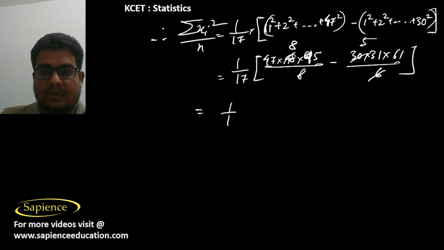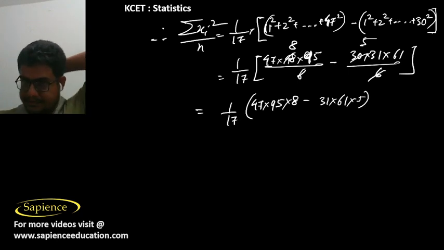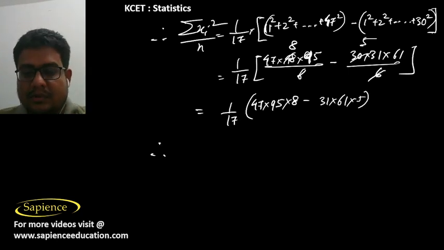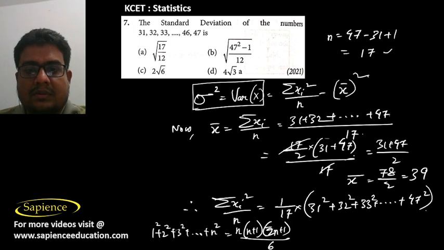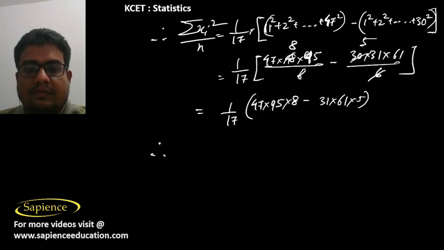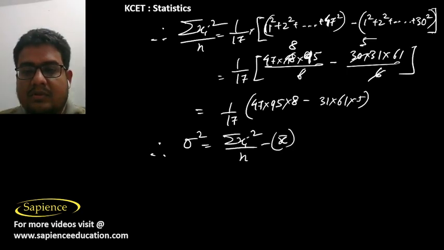So this is equal to 1 by 17 into 47 into 95 into 8 minus 31 into 61 into 5. Therefore, the square of the standard deviation is equal to summation xi square by n minus x bar whole square.